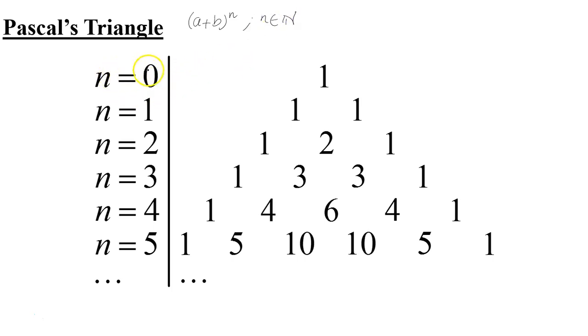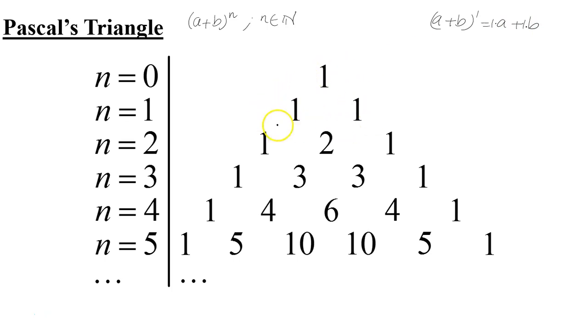So when n is equal to 0, (a + b)^0, anything to the power of 0 is just 1. Now when n is equal to 1, (a + b)^1 is in fact a + b, so the coefficients are 1 and 1.